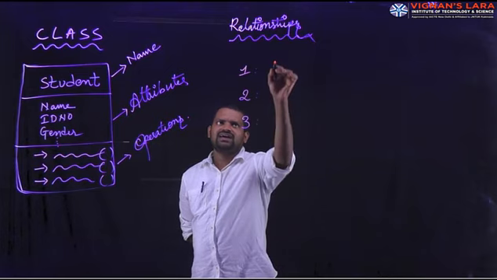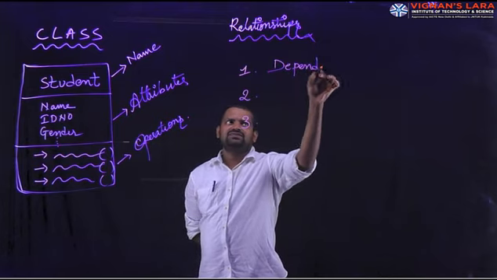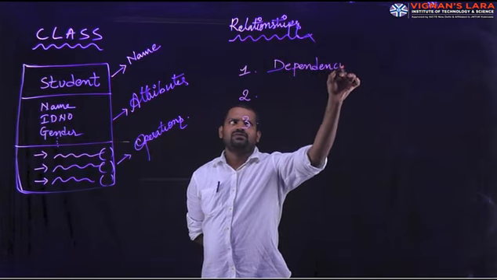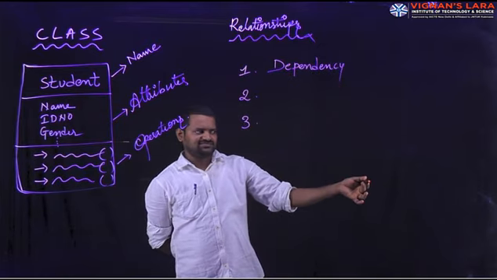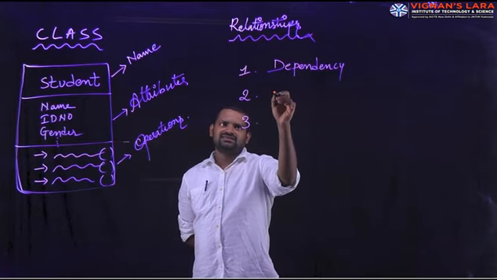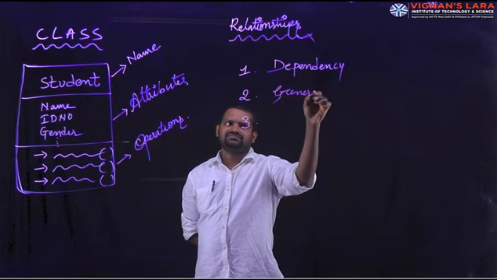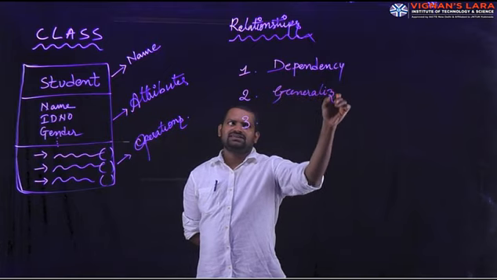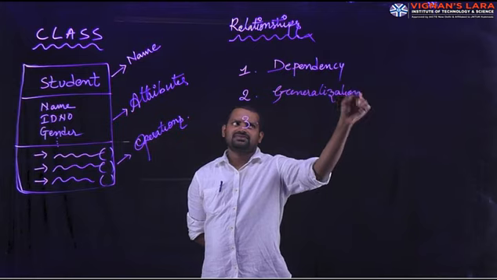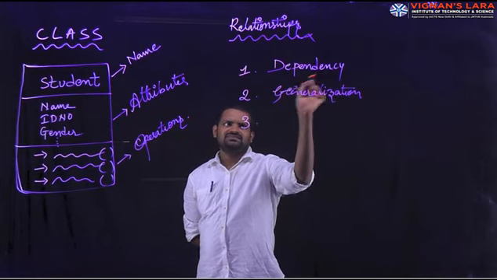First one is the dependency relationship. What is dependency? We have to depend on one thing. Dependency relationship. Second one is the generalization relationship.